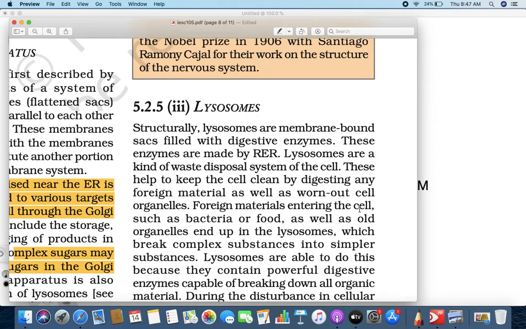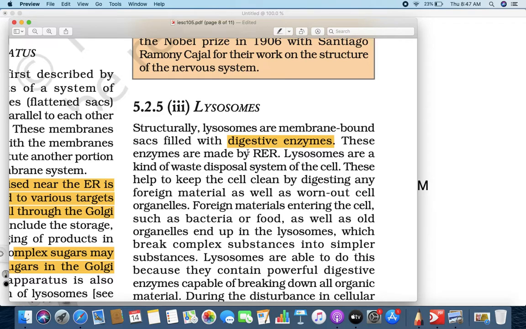Lysosomes contain digestive enzymes. Yes, those are the digestive enzymes, and these enzymes are made by the rough endoplasmic reticulum. So, lysosomes, what do they do? They basically clean the cell.